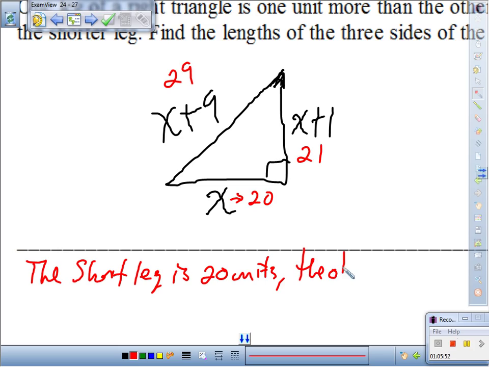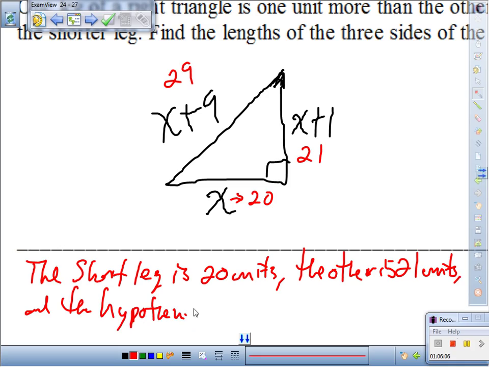The other is 21 units. And the hypotenuse is 29 units.